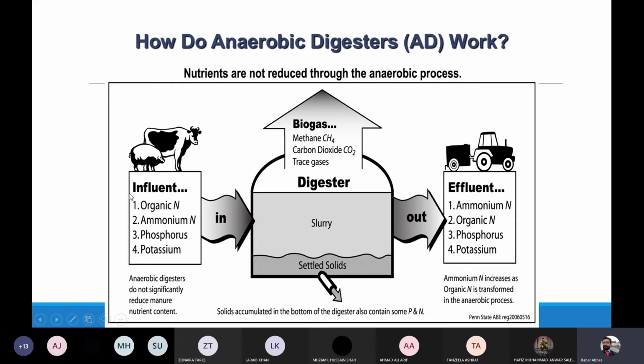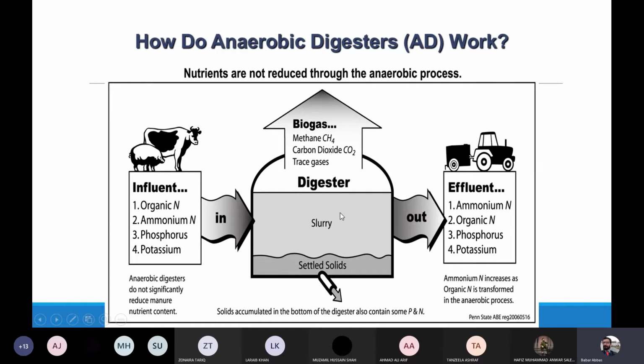This influent is like solid waste, and this solid waste must be selected in terms of having a maximum fraction of organic nitrogen, ammonium, phosphorus, and potassium, which would act as a source of nutrients in terms of the conversion of this solid waste into the new product, which is the biogas.